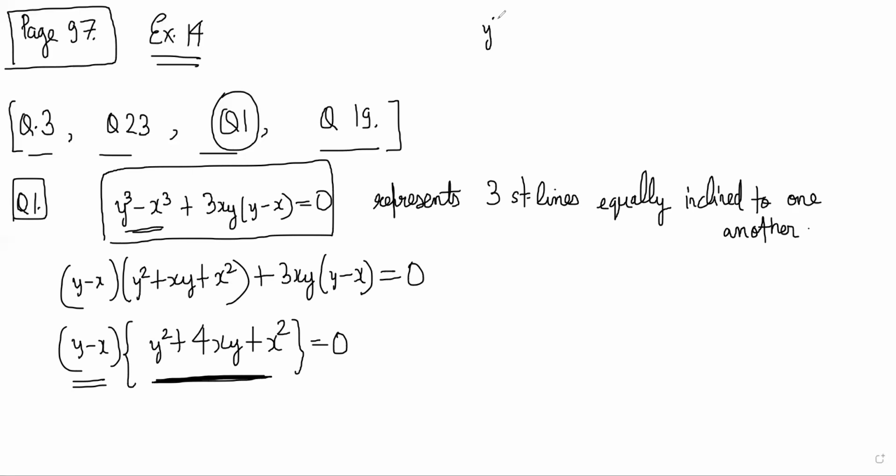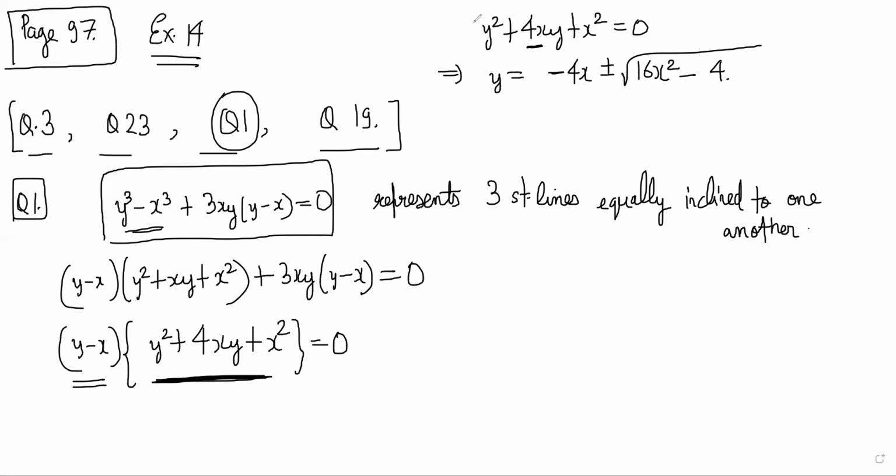So if we solve the quadratic, y square plus 4xy plus x square is equal to 0, you will get y equal to minus 4x plus minus root over b square, so 16x square minus 4 times a is 1, c is x square, by 2 into 1, right? You will get minus 4x plus minus root 12x square, so that will be plus minus 2 root 3x by 2.